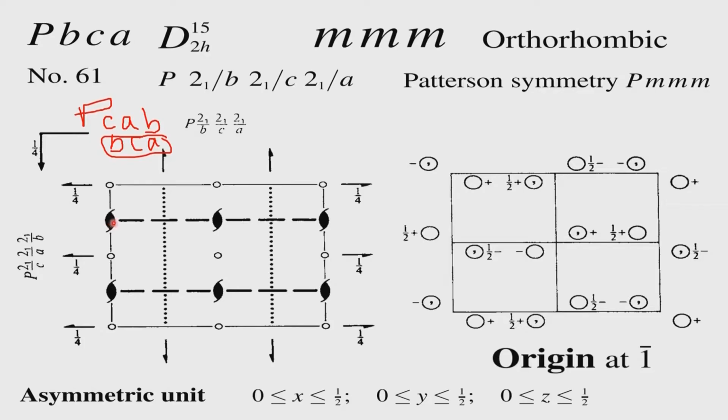So, you notice that whenever you have a glide and the associated 2-1, they are in the plane of the diagram, whereas whenever you have the center of symmetry and the 2-1, the 2-1 symmetry goes by 1/4. That defines the translational periodicity, which is half unit along A, half unit along B, half unit along C. And therefore you can now correlate this diagram with this diagram.